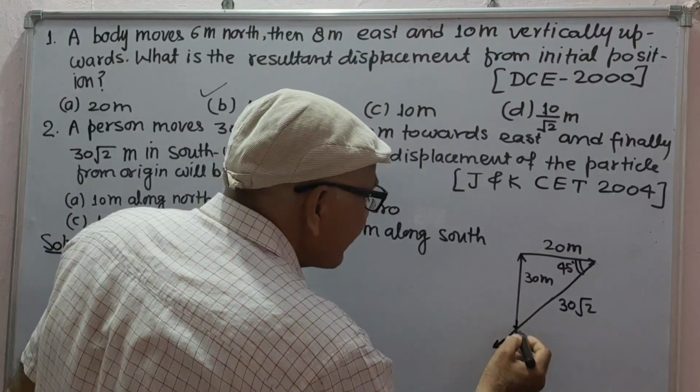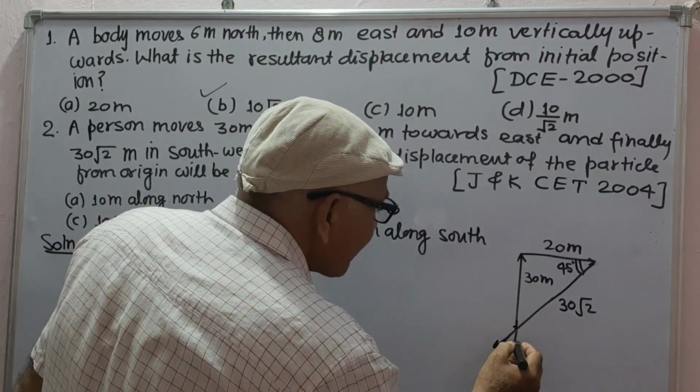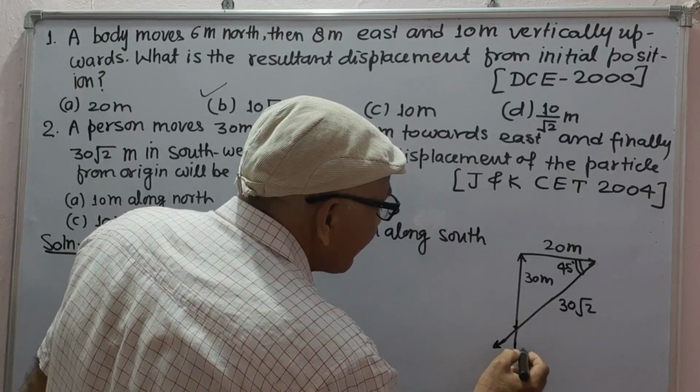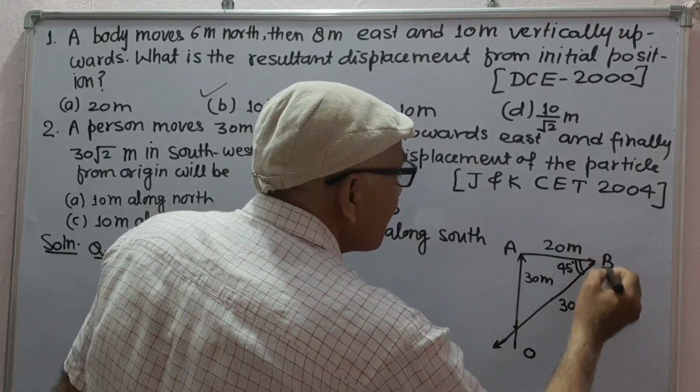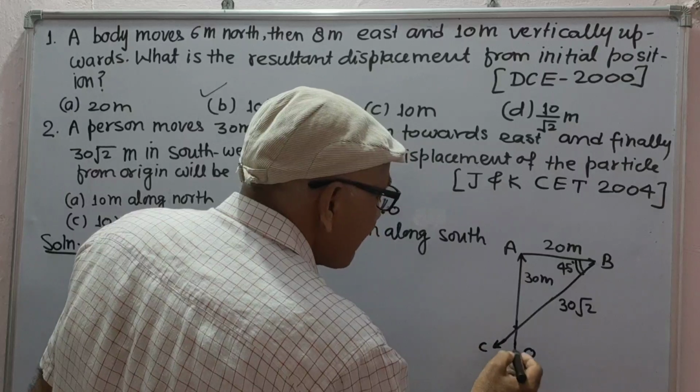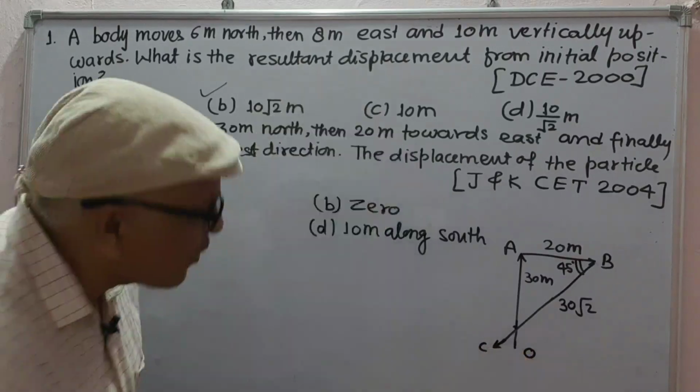Initial position was this, so the resultant will be, this is OA, B, C, and resultant will be OC.